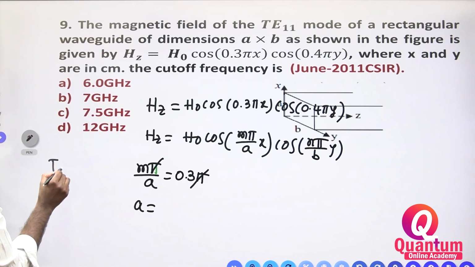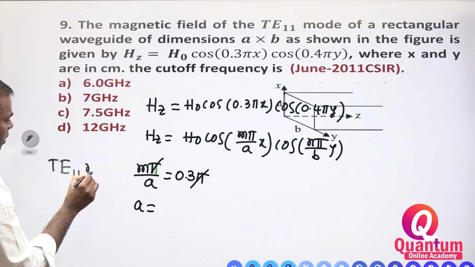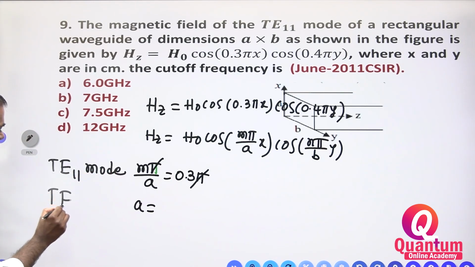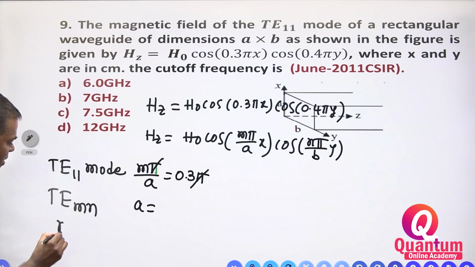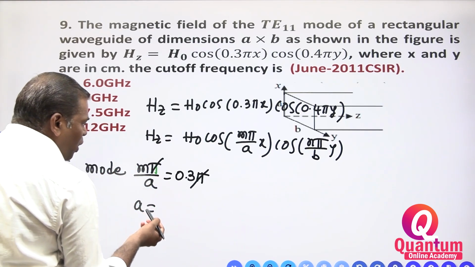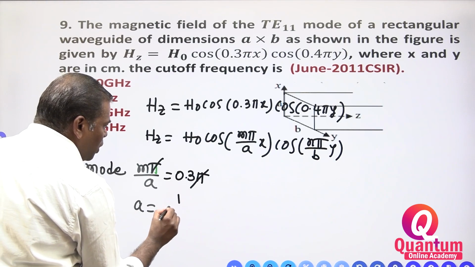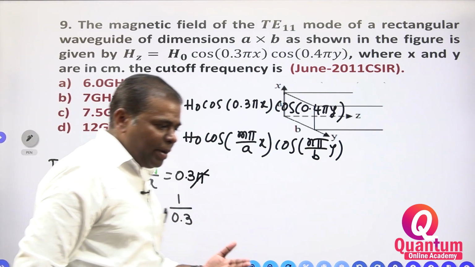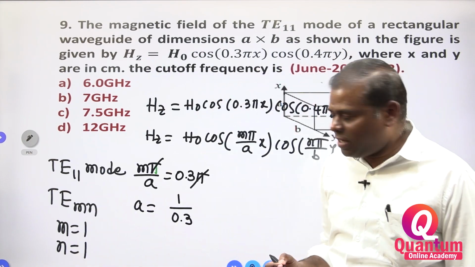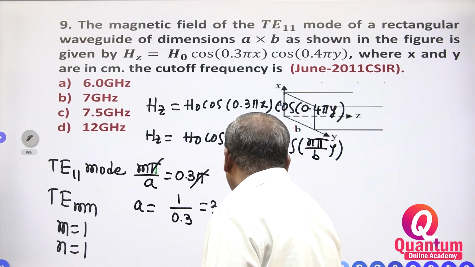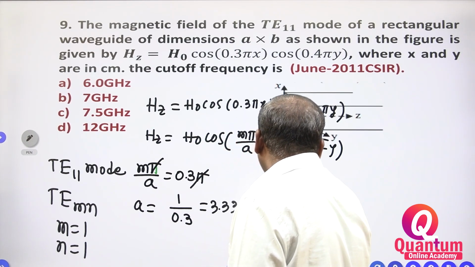This is a TE11 mode. TE mn, where m is equal to 1, n is equal to 1. Therefore a is equal to 1 by 0.3. If you take 1 by 0.3, what is that value? 3.33 centimeters. It is a dimension.